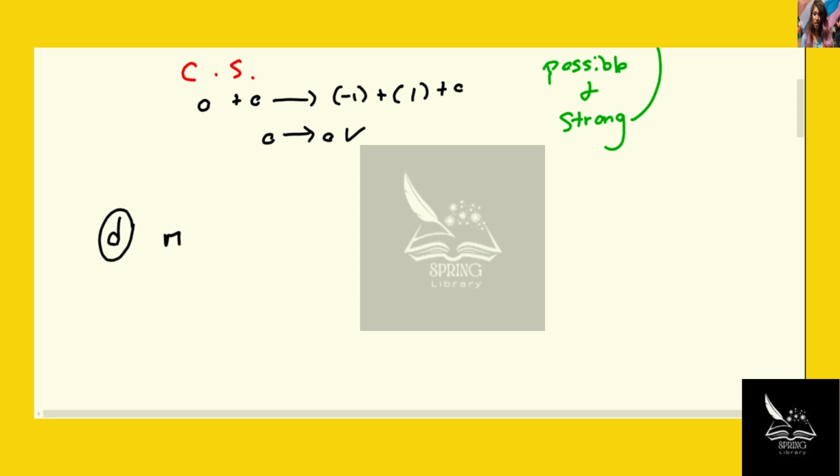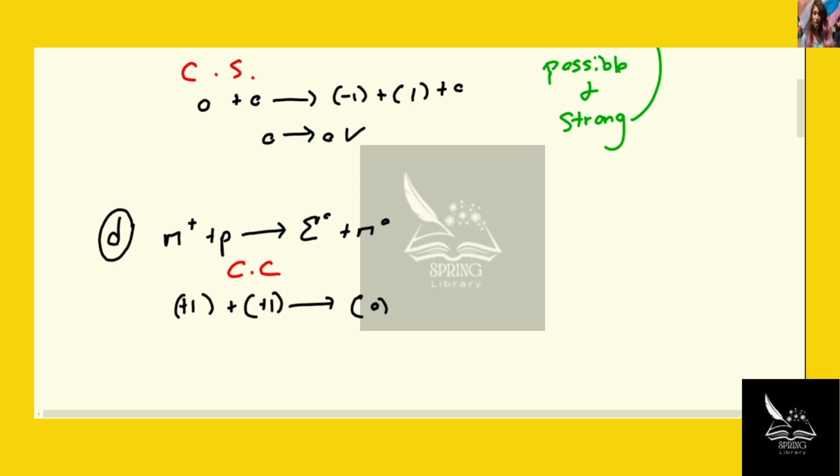So now we have D. We have a pion, proton, going to the sigma baryon naught plus the pion naught. Now we need to find the CC, conserved charge, and here we have plus 1, plus 1 going to 0 plus 0 plus 0.